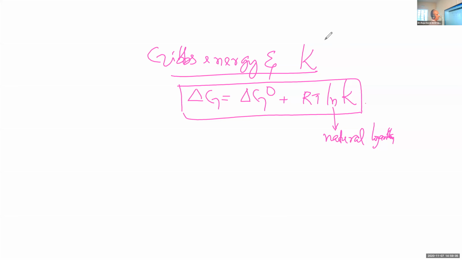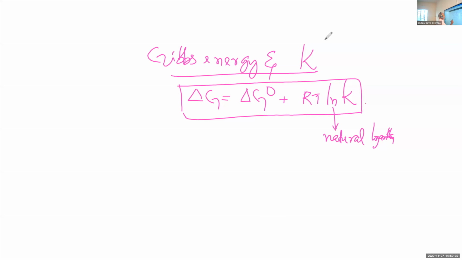Then delta G0 is the standard Gibbs energy change, at 298 Kelvin, 1 atmosphere pressure, and the pure state of the reactants and products. That is the standard condition. R is the gas constant, T the Kelvin temperature or absolute temperature, and K is the equilibrium constant.